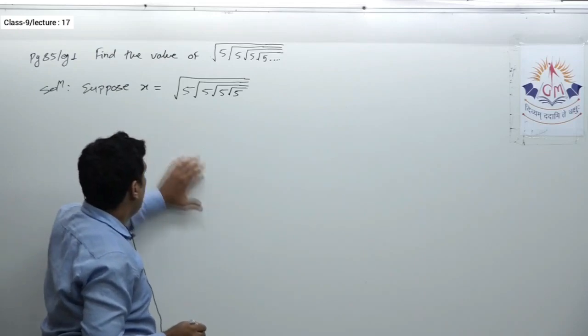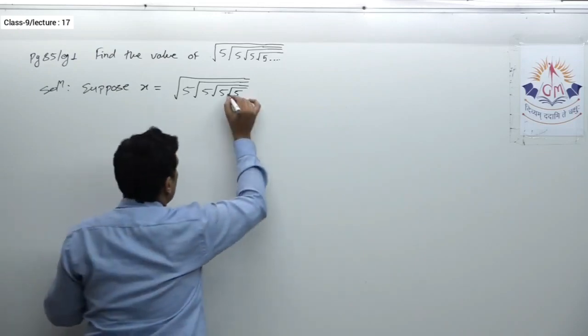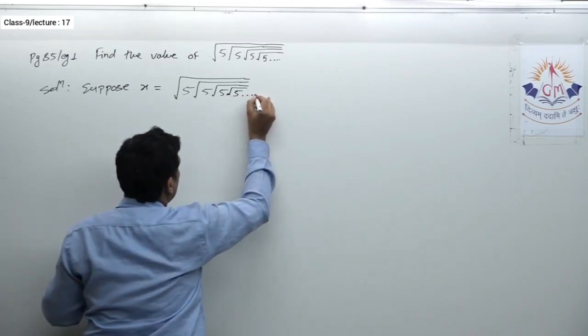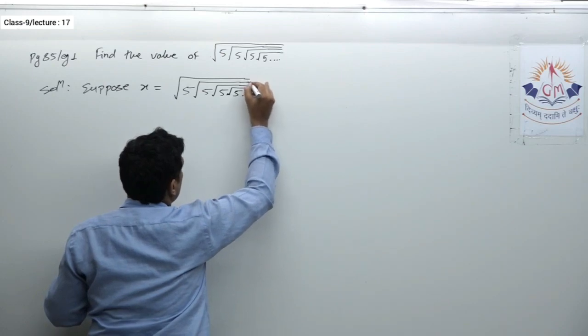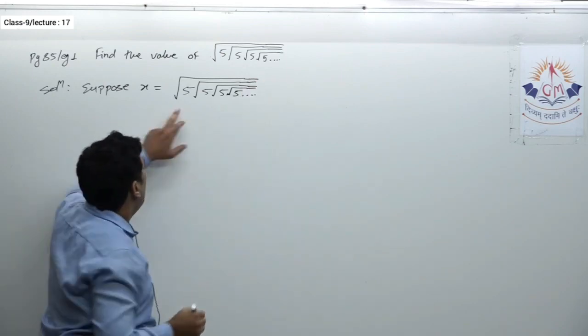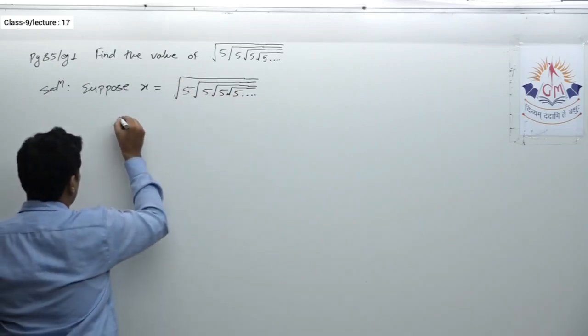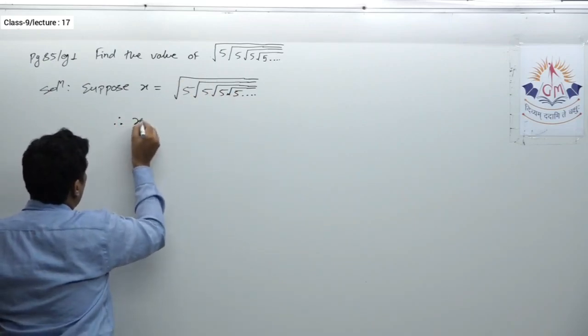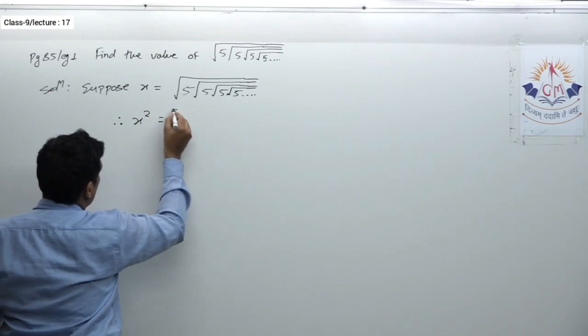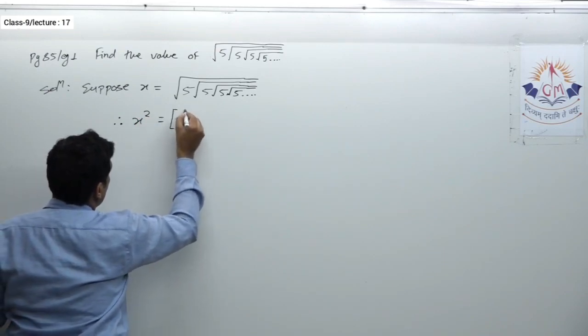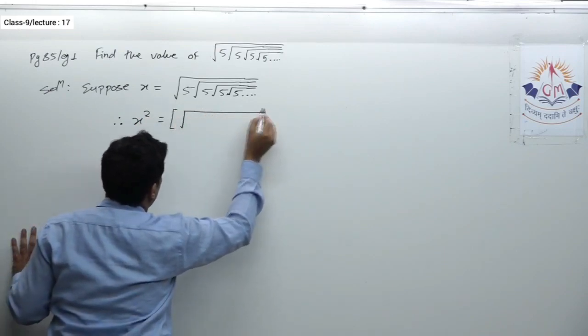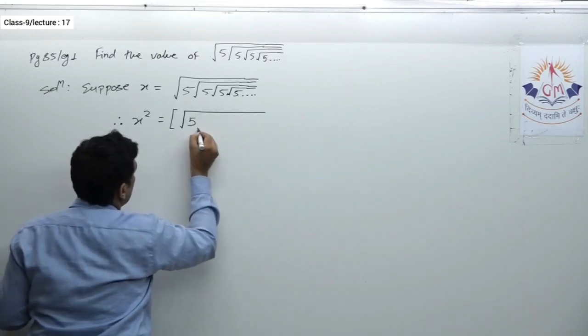Now if I square on both sides, here don't forget to keep these dots because this shows that this pattern continues. When I square on both sides, this root sign will cancel out. So here I can write, therefore, x square is equal to, I'm adding this one step extra for your better understanding.